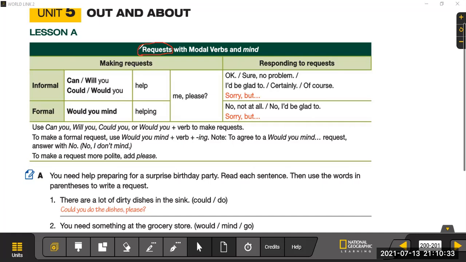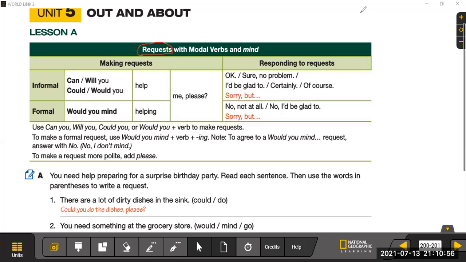A request is when you want something and you want to get that. Exactly. Right. You use the request to get that.